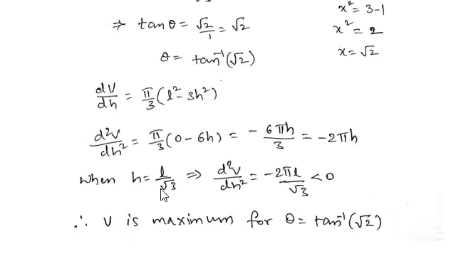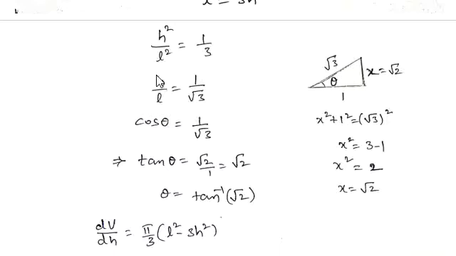So when h is equal to L by root 3, d square v by dh square, on substituting L by root 3 in the place of h, has a minus sign, so it is less than 0. When it is less than 0, the volume will be maximum at this value of h equal to L by root 3, or h by L is 1 by root 3.